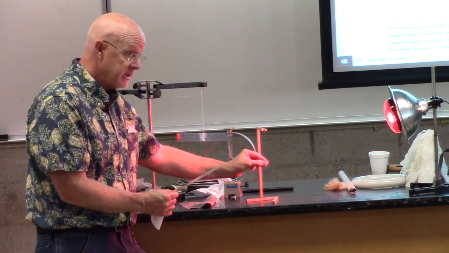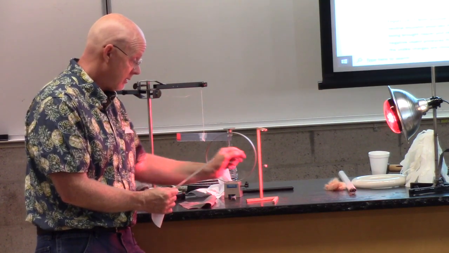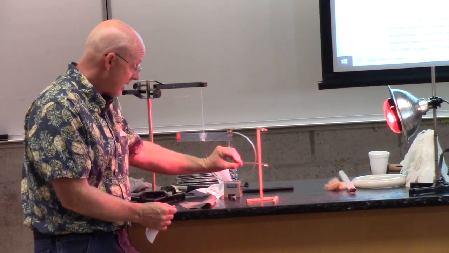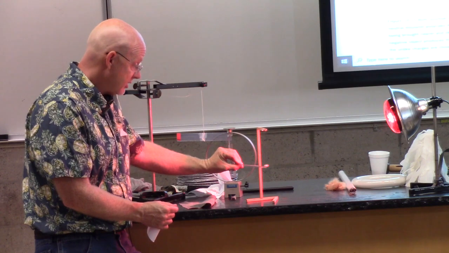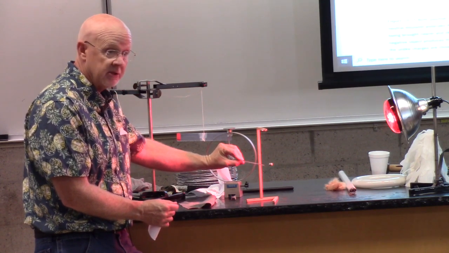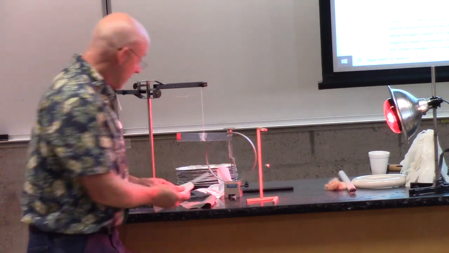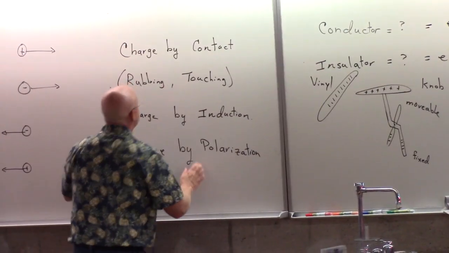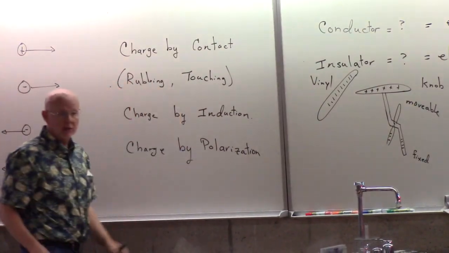But if I neutralize it again by grounding it, and I have a neutral pith ball, you'll see it attracts until I touch it. And then it repels because they're both positive. And so that's that subtlety between what is a polarization and what is a contact.